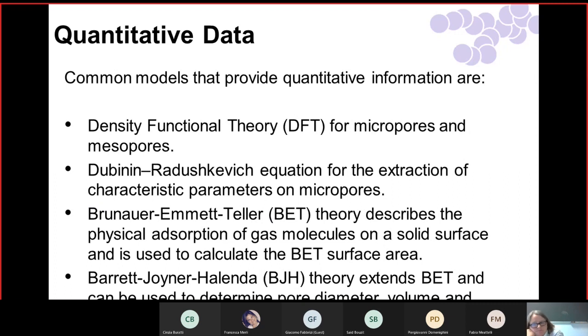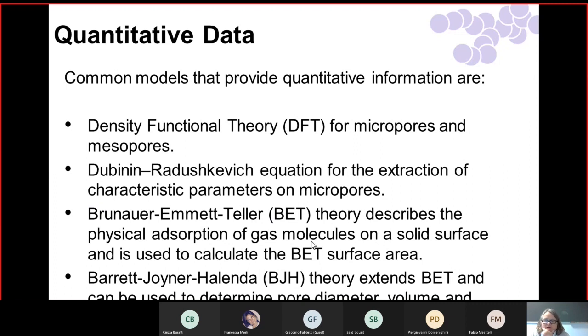That extends BET and gets into interactions between the condensate and the material. From that, you can figure out the pore diameter, the pore volume, and the distribution. I won't go through that theory, it's more complicated. But I will do the BET because it's reasonably simple.